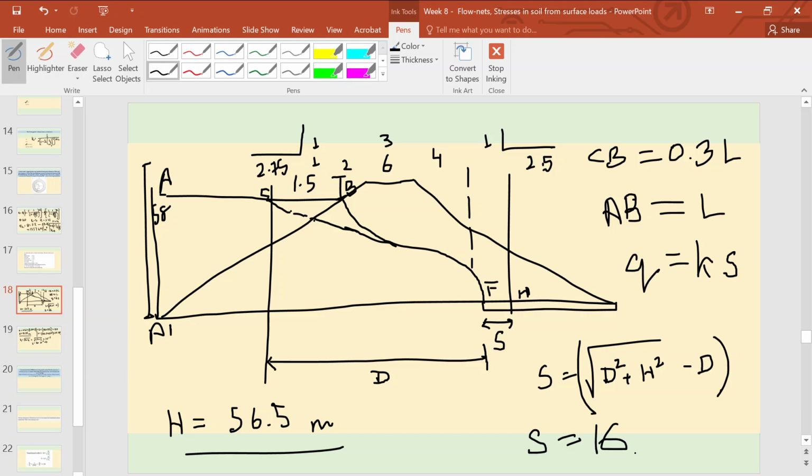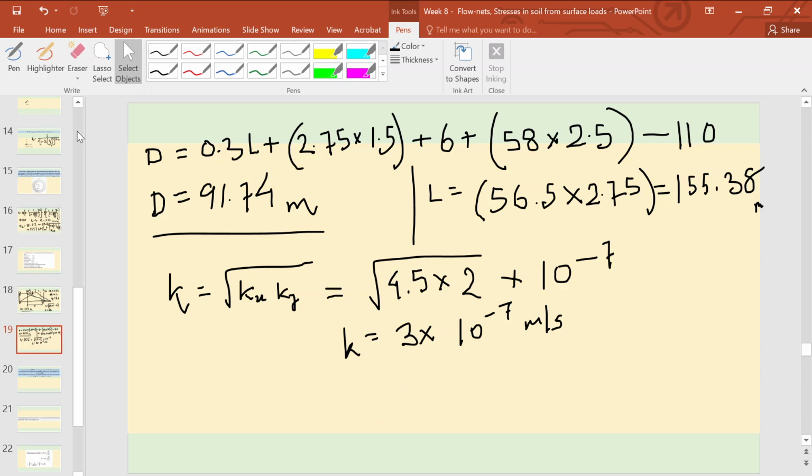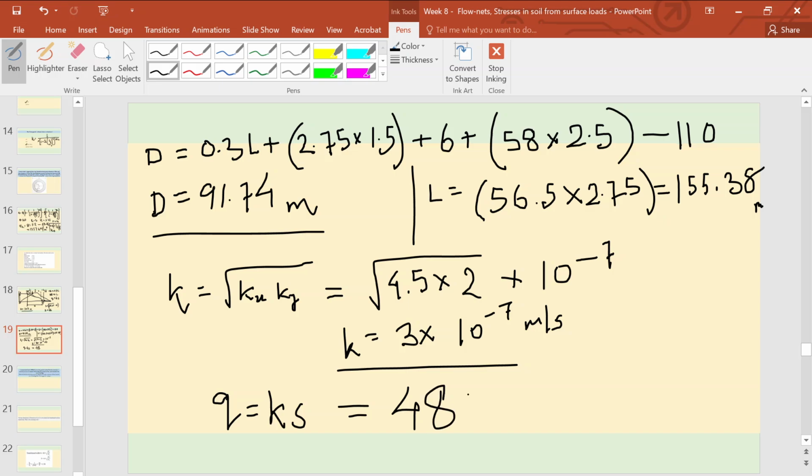So now the value of q equals k into s. We have k as 3, s is 16, so it will be 48 into 10 to the power minus 7 meter cube per second per meter length of the earthen dam.